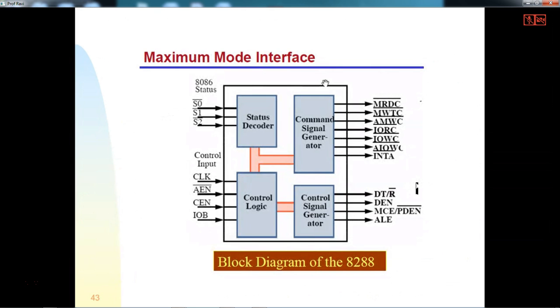Now, when we try to see internally what exactly is done, you have your status decoder, then a command signal generator in the 8288 bus controller. Then here you have the clock and enable, and you can use this particular pin, and then you can generate control signals internally, ALE, data transmit and data enable. This is the internal structure of the 8288.